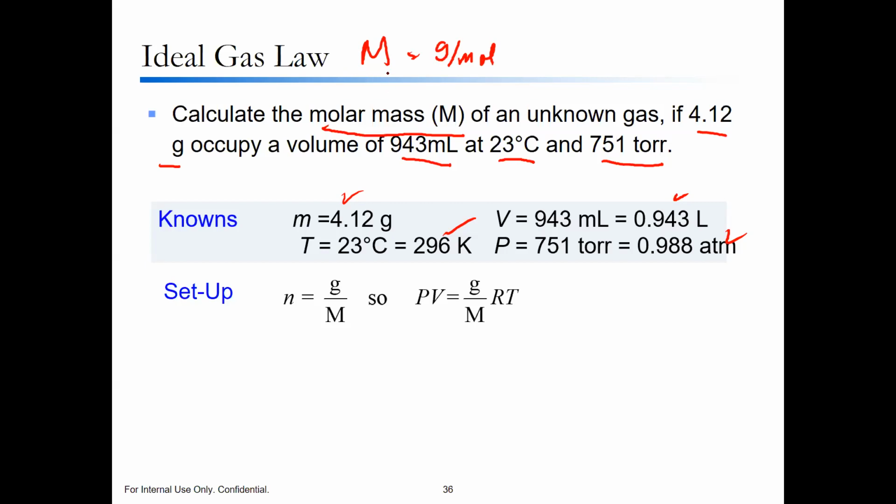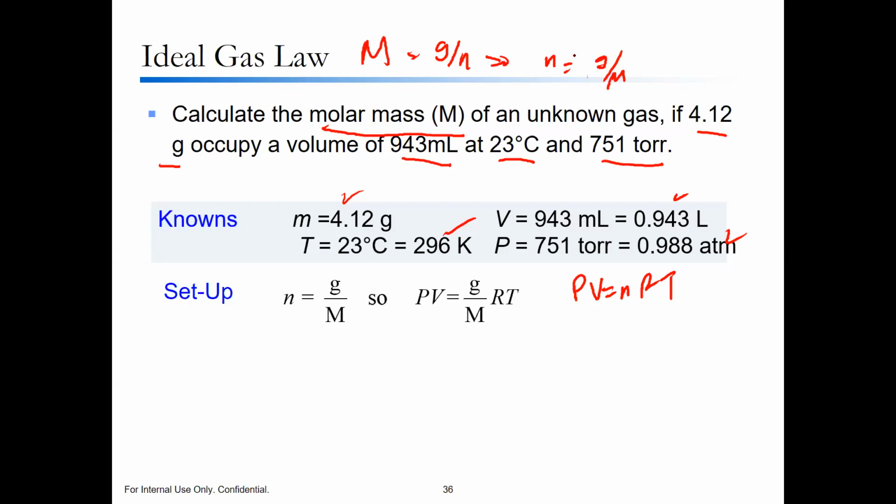In this example, they just put one M as molar mass. What do we know? PV equals nRT. What is that n? That is the moles over here. So that's basically grams per mole. I'm going to rearrange this formula and make moles equal to grams divided by M.